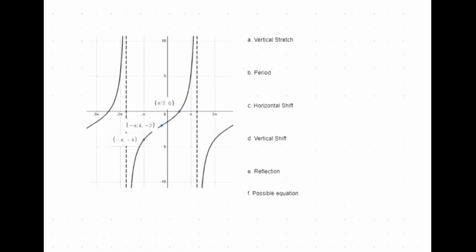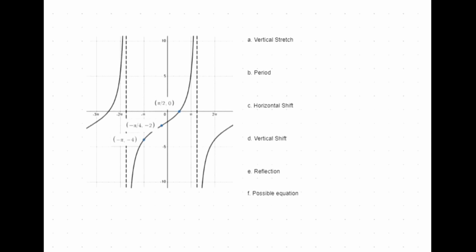For this video, we're going to investigate how to find an equation of a tangent function graph. Now, this particular graph actually gives us 3 points that are on the graph itself, as well as two asymptotes.